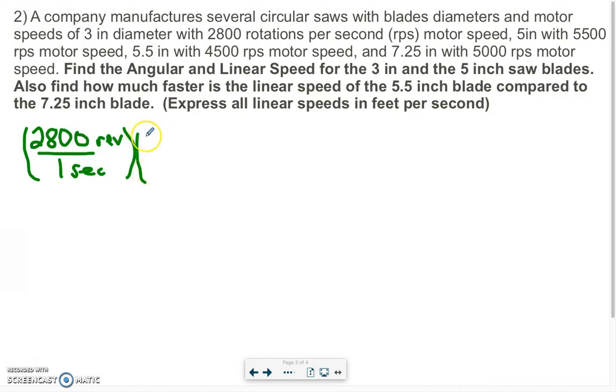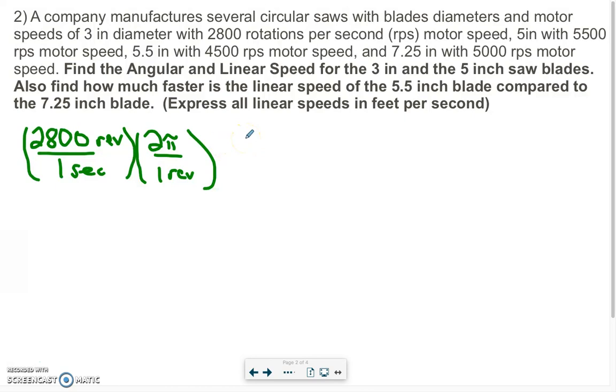One revolution is 2 pi, or 360 degrees. We put that as one revolution, which is your constant. So this is how fast the motor is turning in 1 second, and this is what one revolution is. Since we're going 2,800 revolutions, we need to multiply those two.